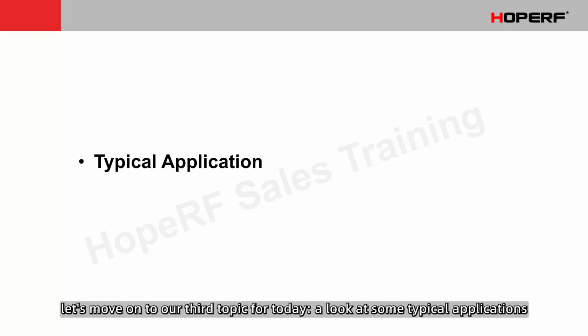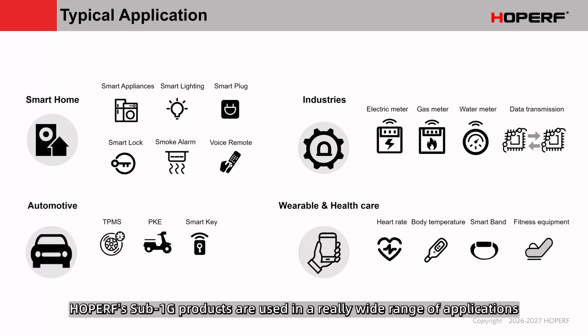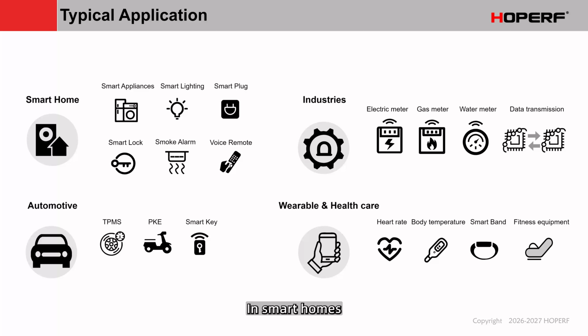Alright, let's move on to our third topic for today, a look at some typical applications. Hoperf's Sub-G products are used in a really wide range of applications. In smart homes, you'll find them in appliance remote controls, remote switches, lighting systems, security systems, and smoke detectors.